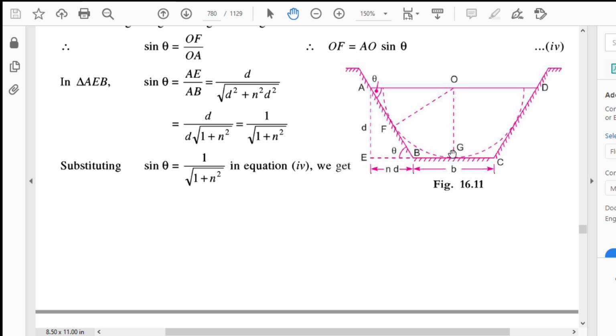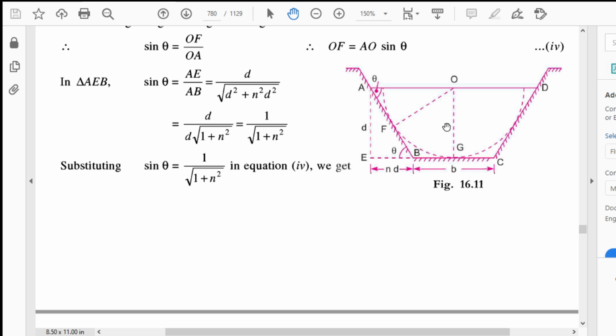That means this OG is also the depth of flow, and if we draw a perpendicular to CD, that perpendicular will also be the same as OF. So all three perpendiculars will be the same as the depth of flow.